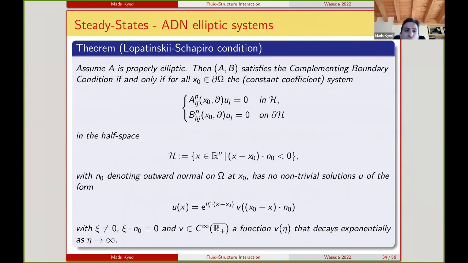Now, I don't want to work with the complementing condition directly. Instead, I will use what is called the Lopatinskii-Shapiro condition. This is an equivalent condition to the complementing condition.